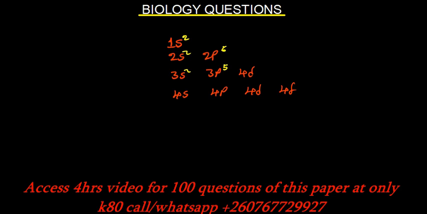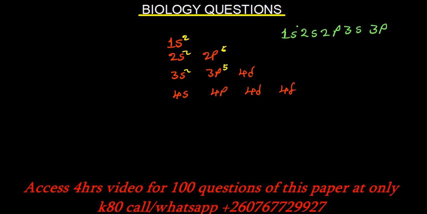So the ground state electronic configuration of chlorine is going to be 1s, then 2s, 2p, 3s, and 3p.